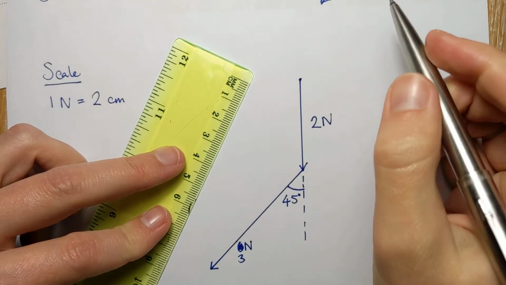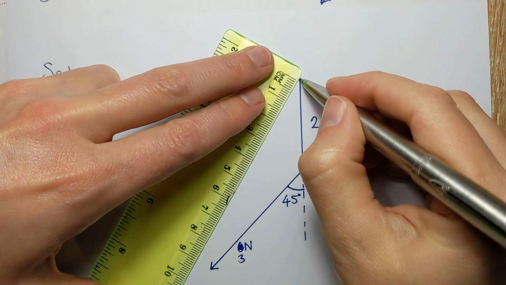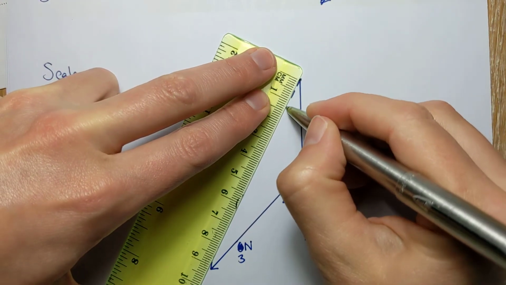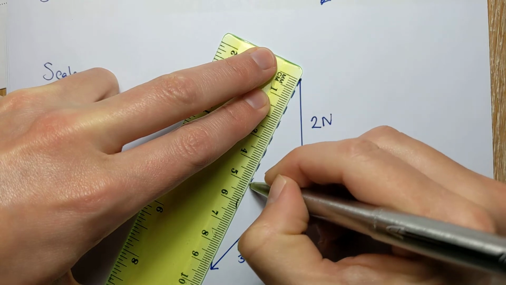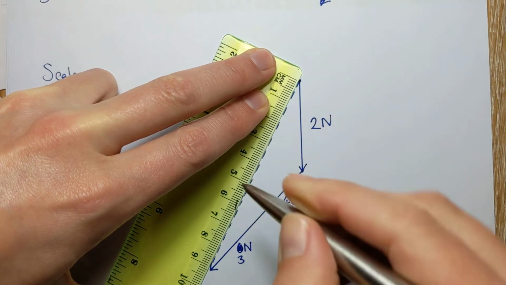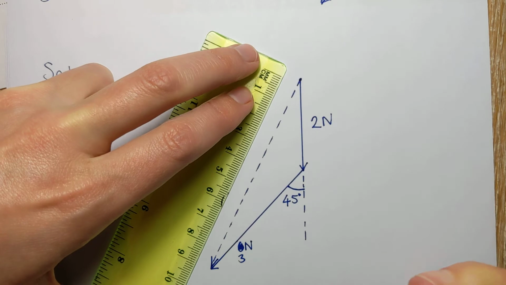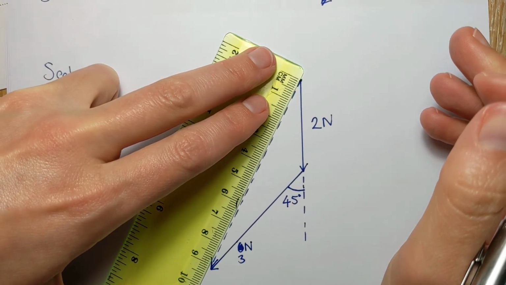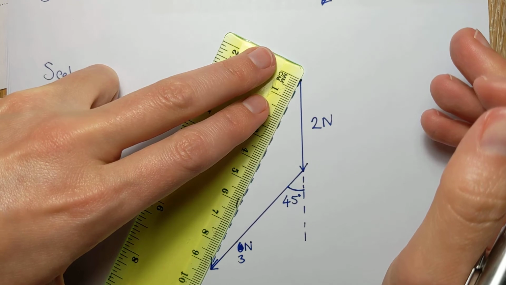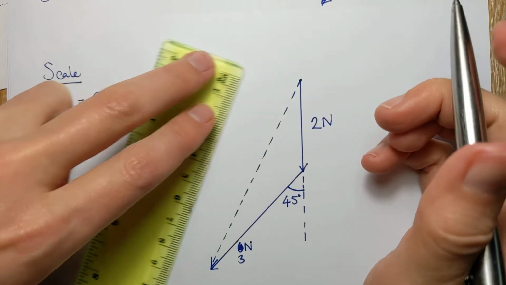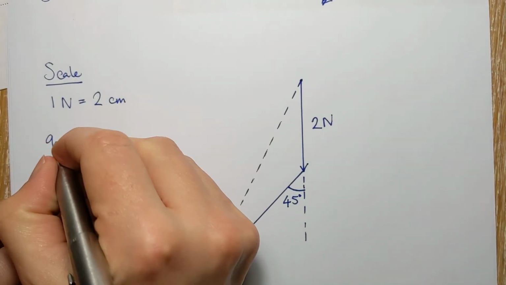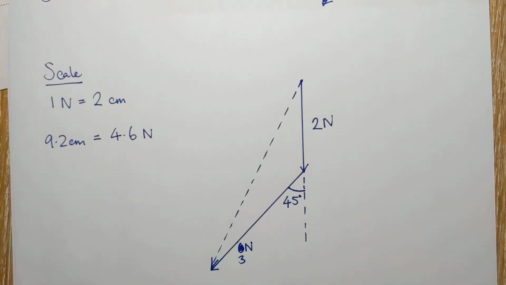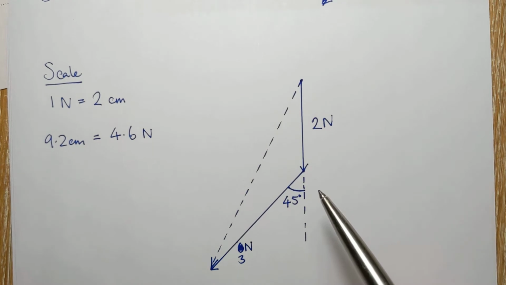While that might seem like a bit of a faff, when we draw in our answer vector, remember from the start of the first arrow to the end of the last arrow, to find the length of it, all we have to do is measure. I'm going to say that's 9.2 centimetres, which means it's 4.6 newtons.